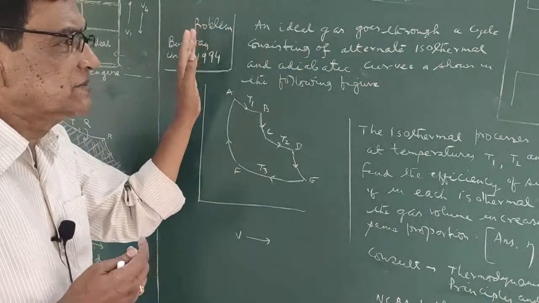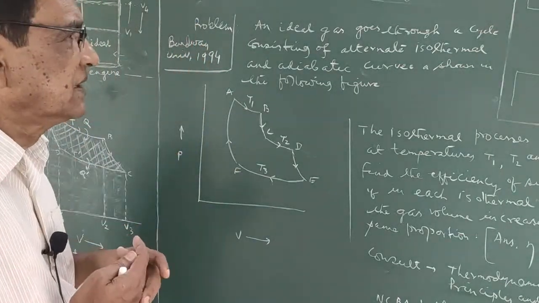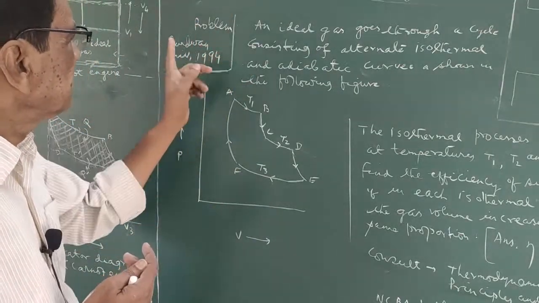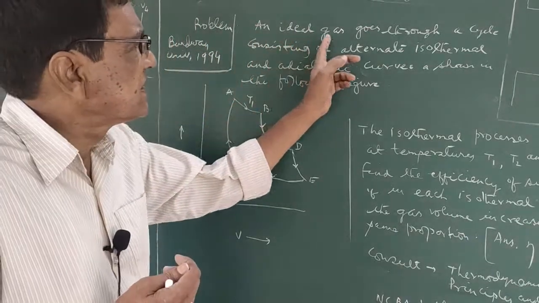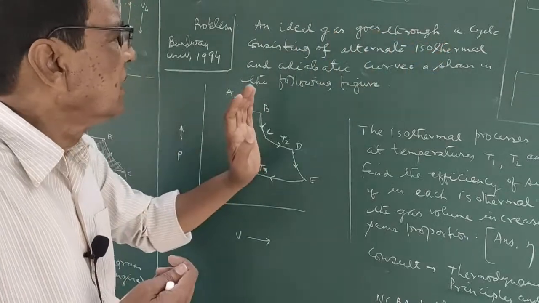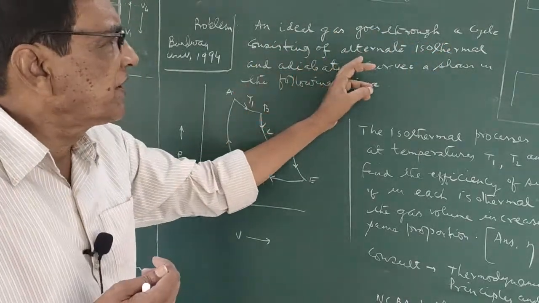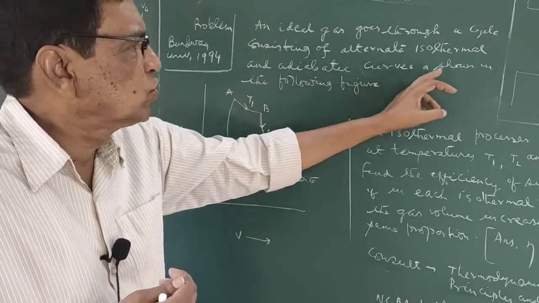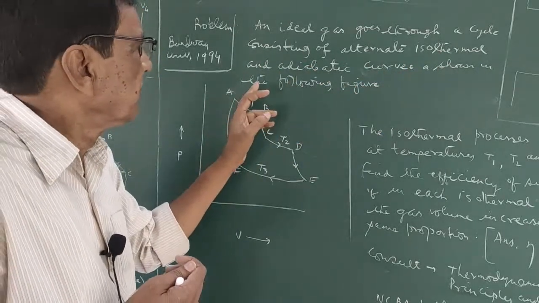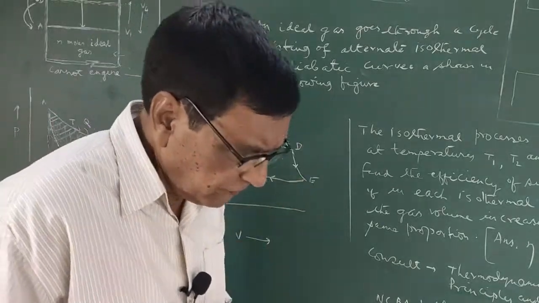One problem has been given here, which was set in Baroda University in 1994. An ideal gas goes through a cycle consisting of alternate isothermal and adiabatic curves as shown in the following figure.